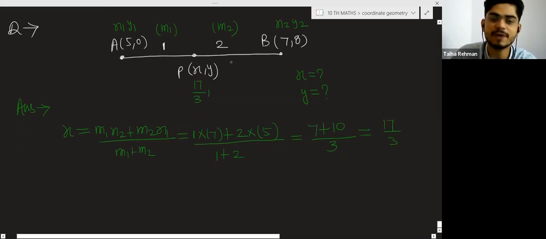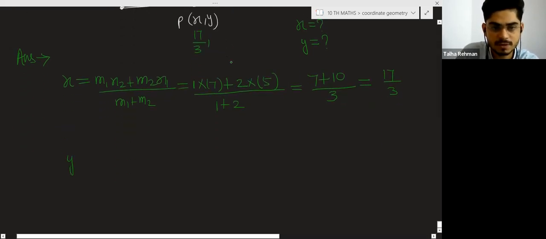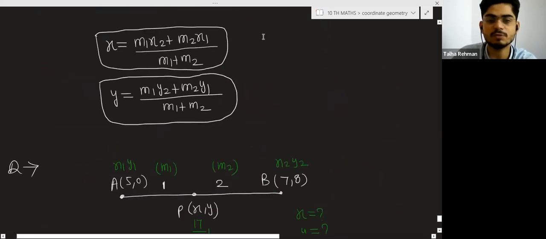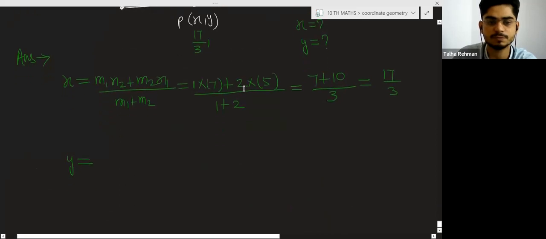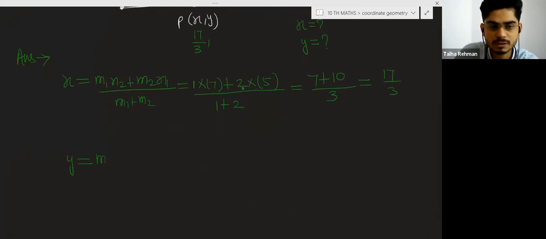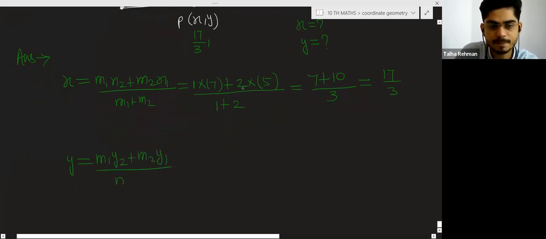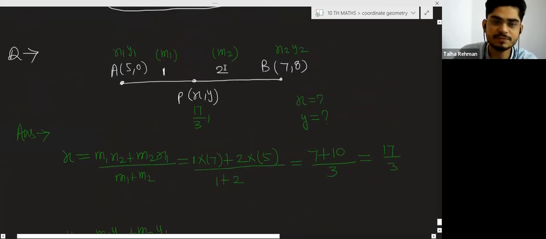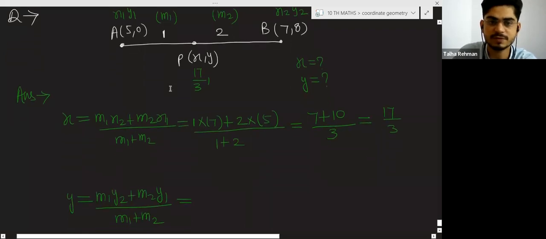Now we will find the y coordinate similarly. For the y coordinate, we have the formula m1 y2 plus m2 y1 divided by m1 plus m2. So m1 is 1.